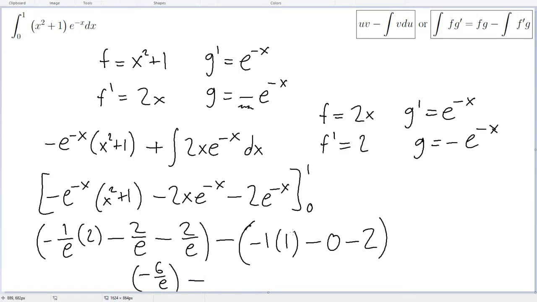Then minus, and then we have like negative 1, just like negative 3 here. So our answer should be 3 minus 6 over e. Just like that.